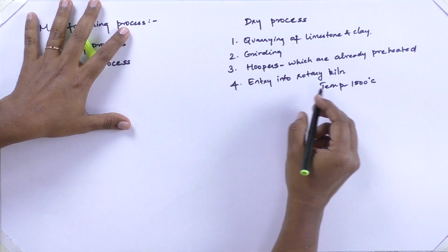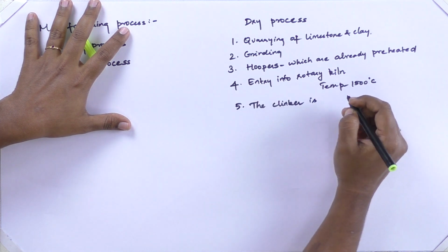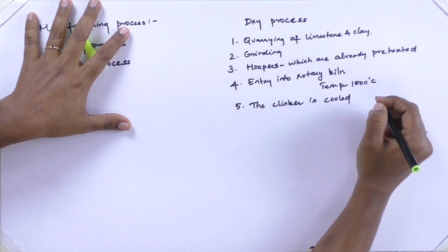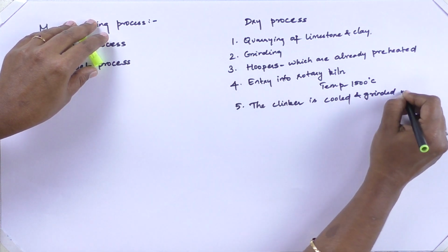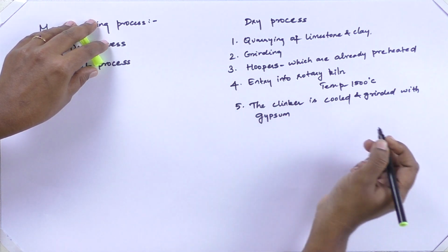After the rotary kiln, at the end, the clinker is cooled and ground with gypsum.